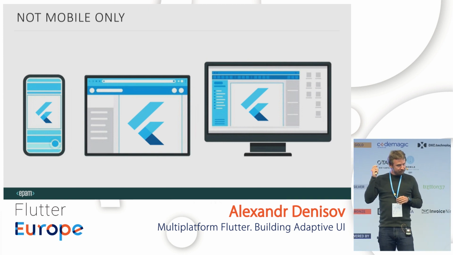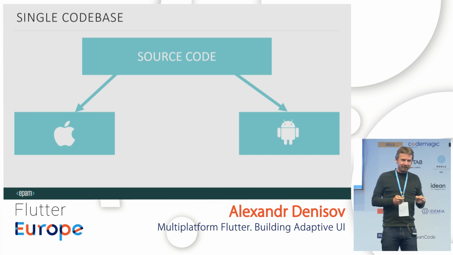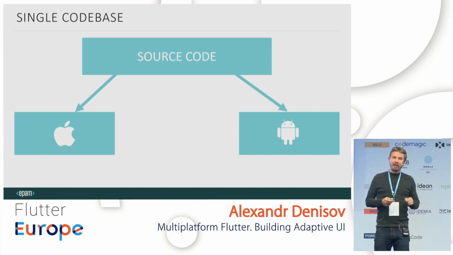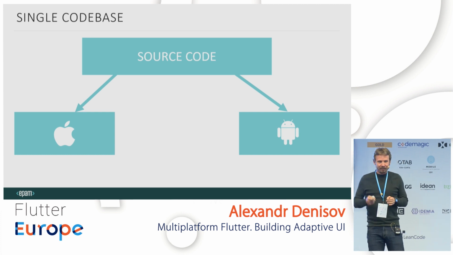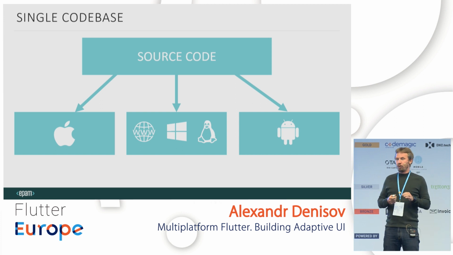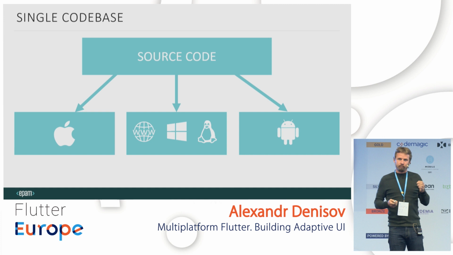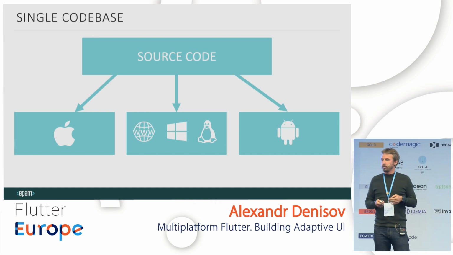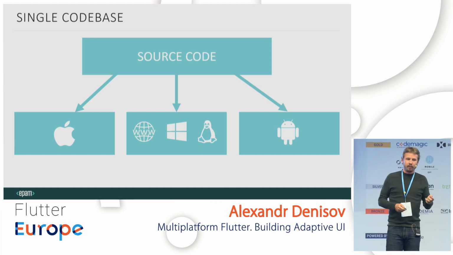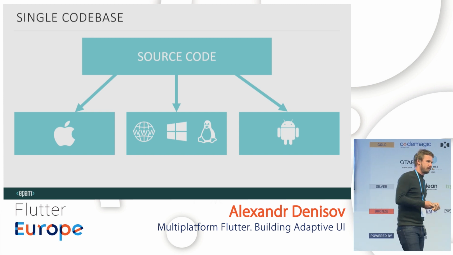What does it mean? It means that the same code again is building UI for iOS, for Android, and for web, and all kinds of supported desktops. Windows, Linux, and macOS. Sorry, I haven't painted one more apple for macOS.